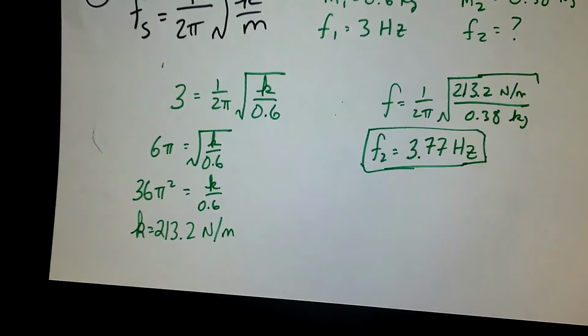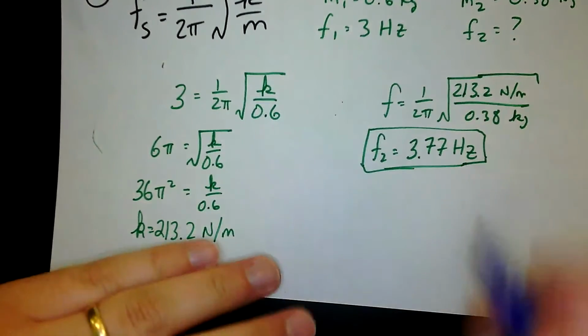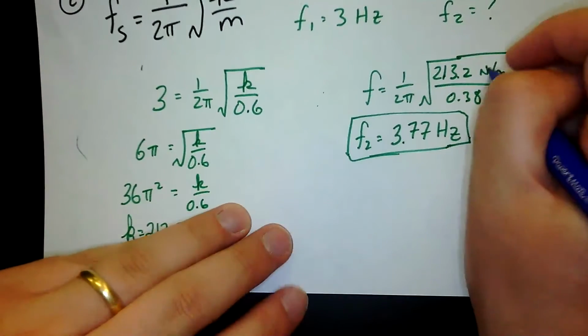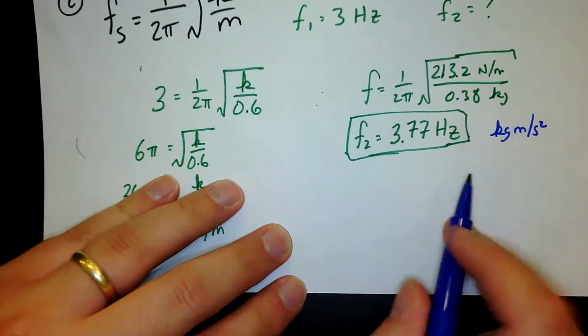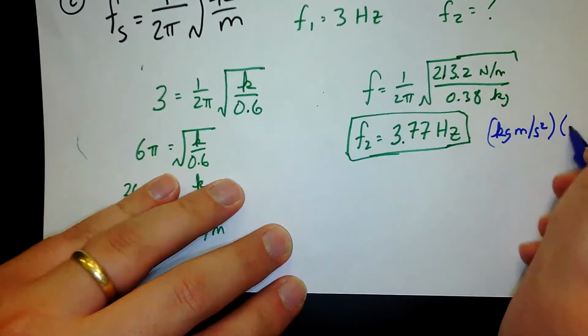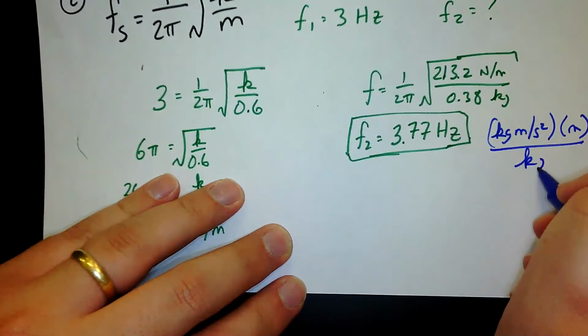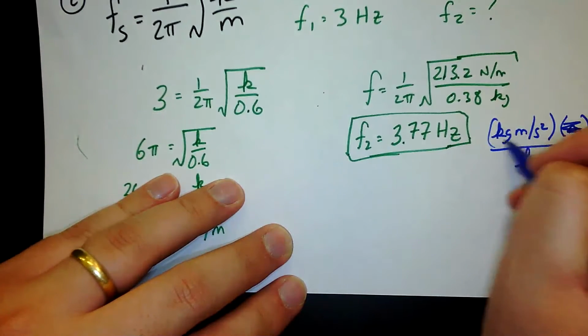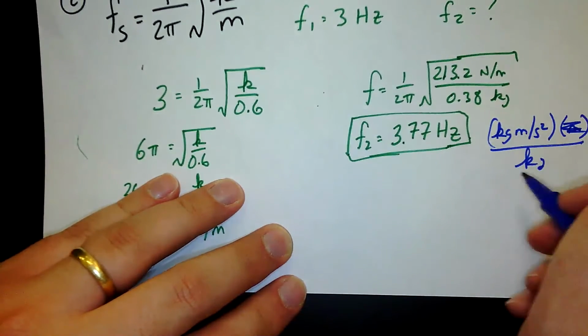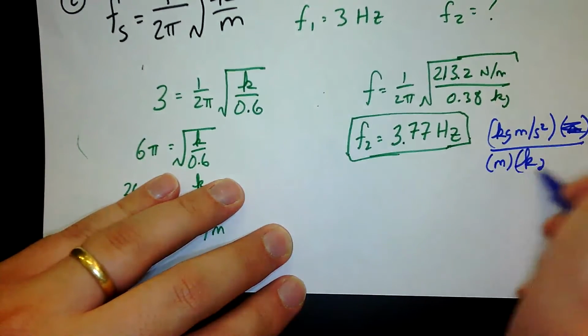Okay with that? If you're interested in following through the units, let me just show you real quick how the units work out. A Newton per meter, if you recall, a Newton is a kilogram meter per second squared because F equals MA. So it's a Newton divided by a meter divided by a kilogram.